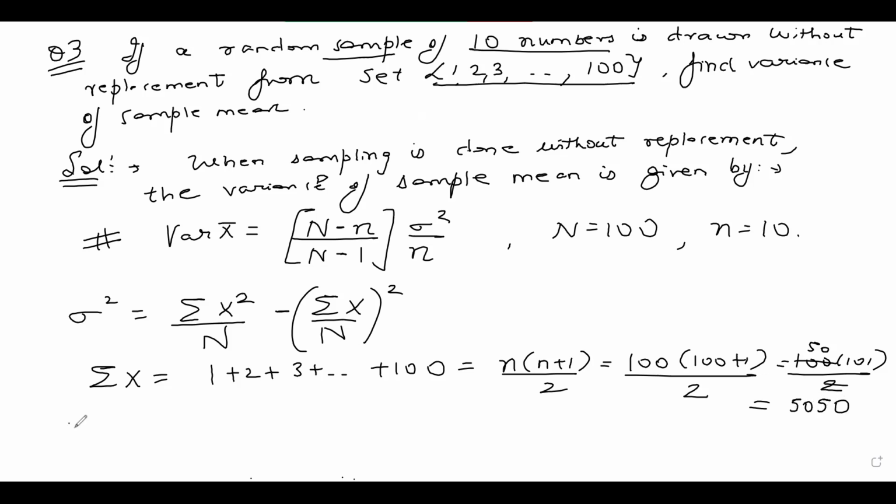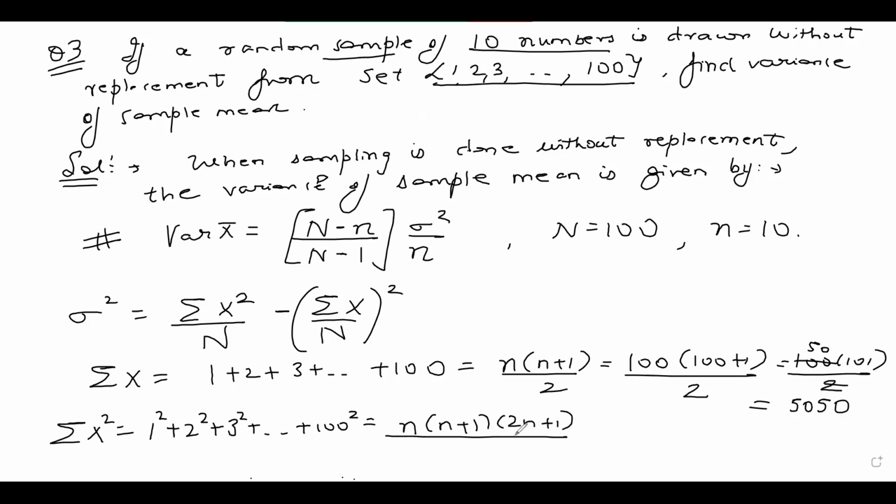Summation x square will be what? 1 square plus 2 square plus 3 square plus dot dot dot 100 square. Again, the sum of the squares of the first 100 natural numbers is what? Remember, it's n into n plus 1 into 2n plus 1 by 6. N is 100 into 100 plus 1 is 101 into 2 into 100 is 200, 201 by 6.